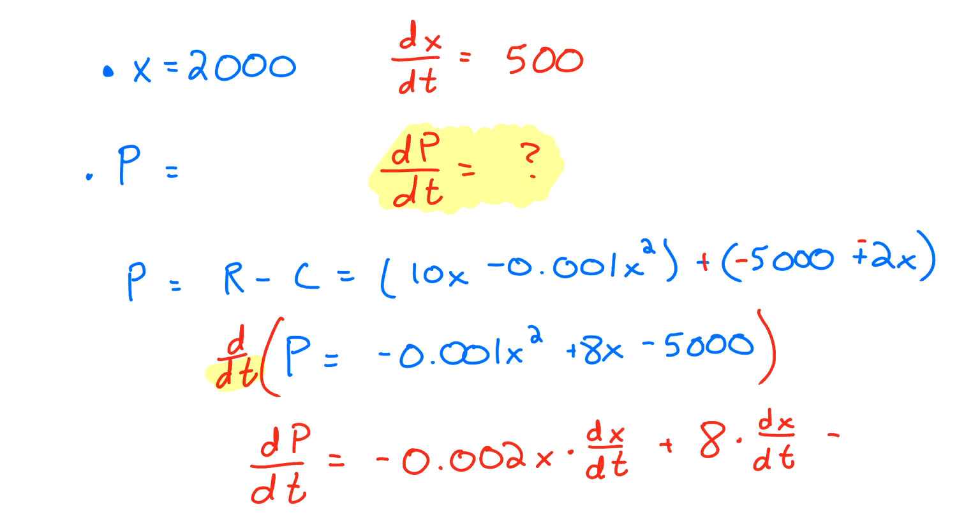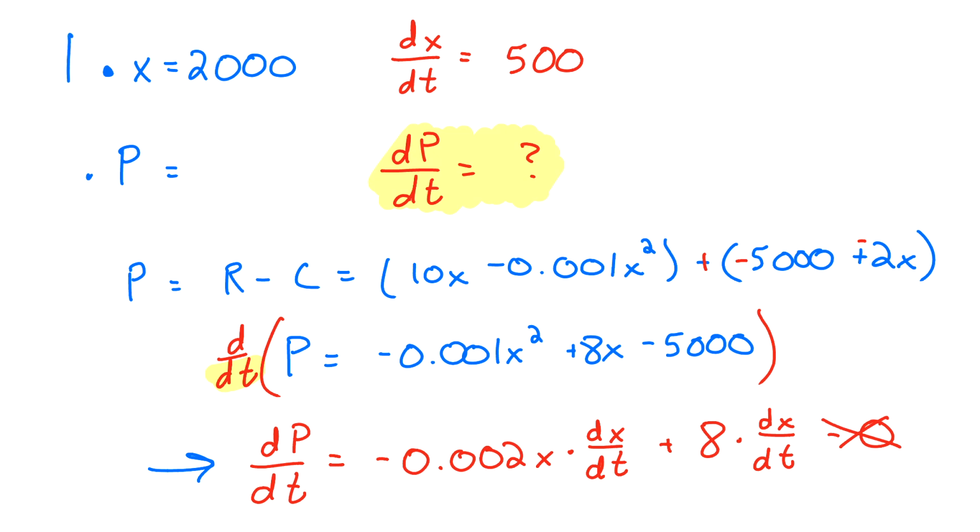Minus 5,000 here, when I take the derivative of that, I know that's just going to be 0, so I don't really need that part. You can include it if you want to, but in our problem, it's not going to make a big difference. So here is my derivative now. I've got dp over dt is equal to negative 0.002x times dx over dt plus 8 times dx over dt.